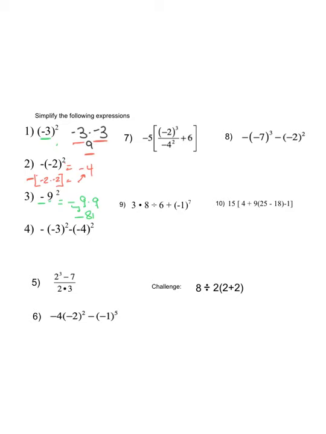Do you have your calculators with you? If you have your calculator, great. If you don't, that's okay. In your calculator, I would like you to put this in parentheses -3 squared, enter, and then put -3 squared, enter, and see what you get.